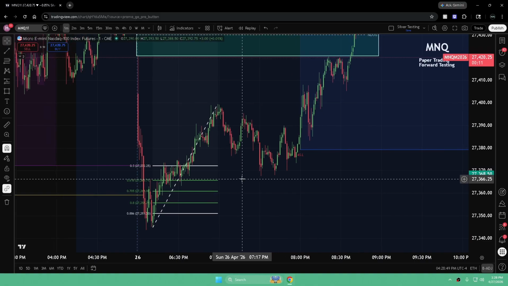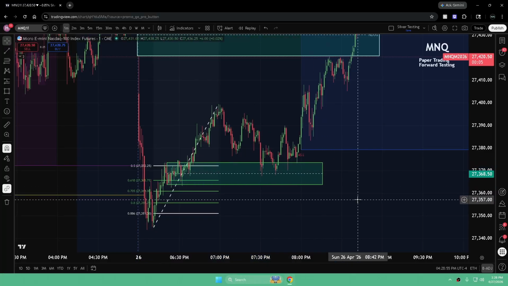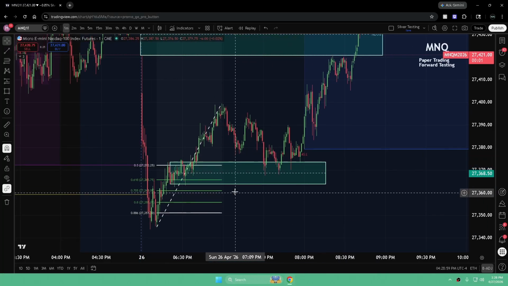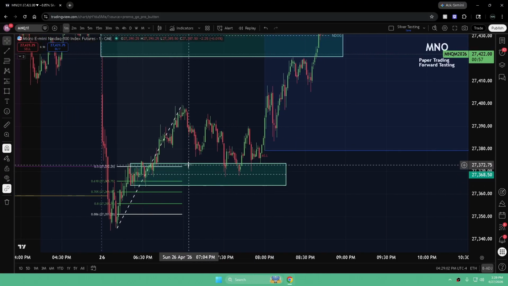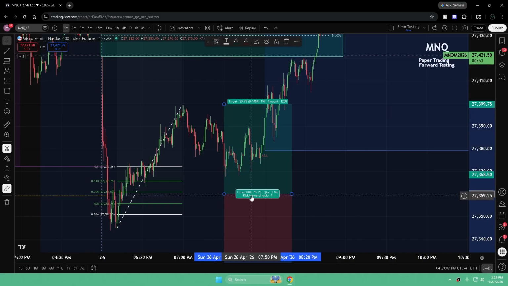This lines up with our order block right here, as you see. So you could have gotten in at the consequent encroachment, or at the 0.5 for longs.